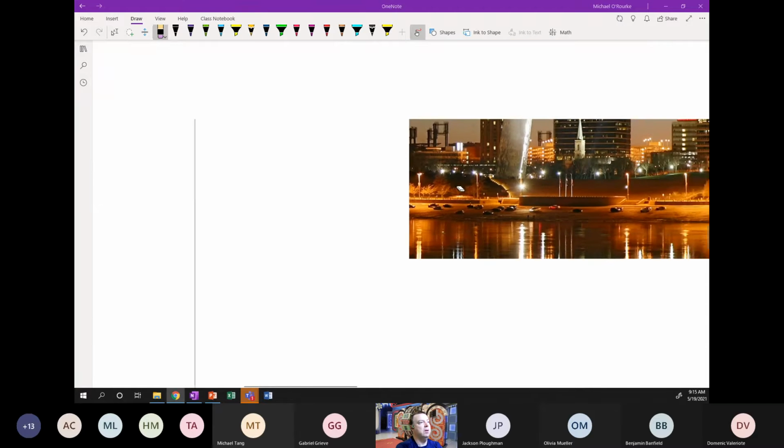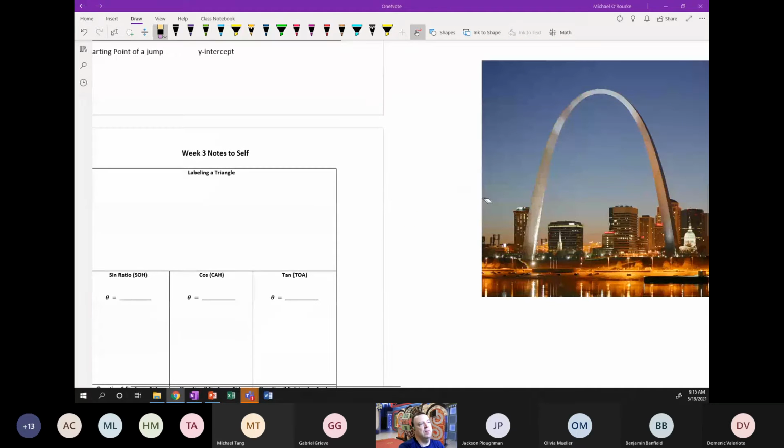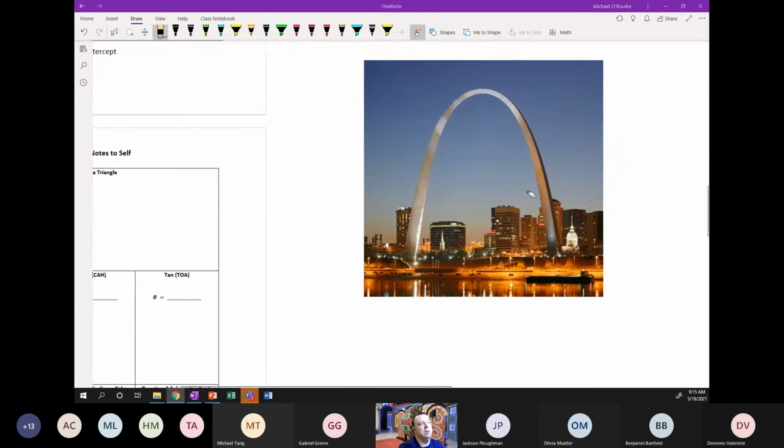Oh, that's a big one. Any guesses to what this is here? No one knows what this is. Oh, uncultured people. No guesses?